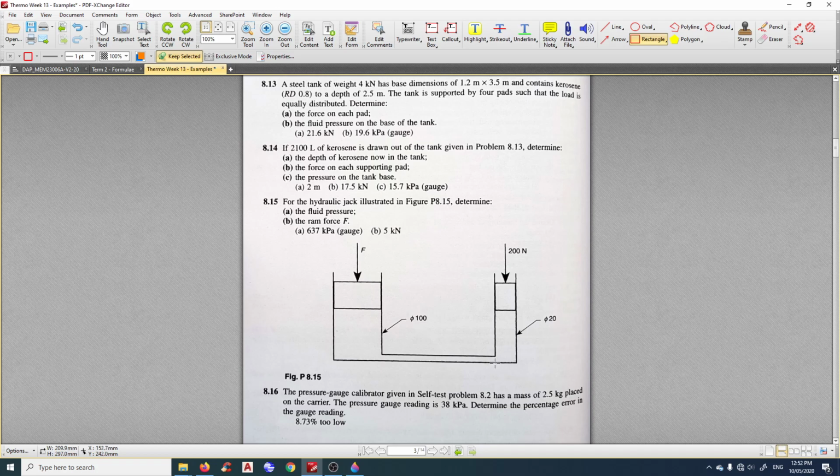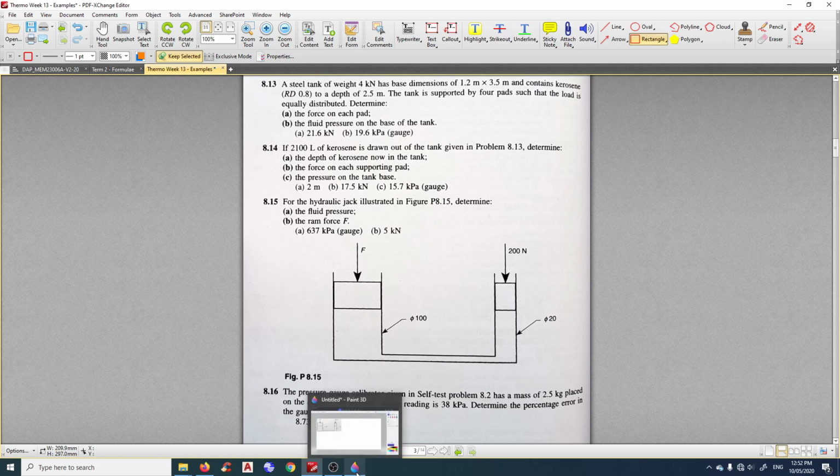Remember the pressure is the same. The pressure here will be the same in all directions. And this is a force, or there is a weight on it that we need to lift up. And the cylinder is bigger, 100 mm instead of 20 mm.